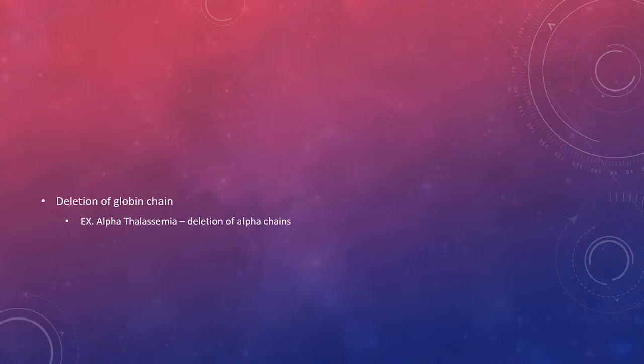Alpha globin chain, beta globin chain, gamma globin chain, or the delta globin chain. You might be able to answer that question a little bit easier now because there is your guide: the deletion of the globin chain is actually the name of your thalassemia. So it could be minor or major. Okay, and we're going to discuss this in the next topics.